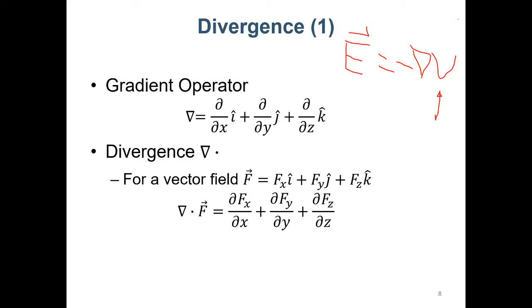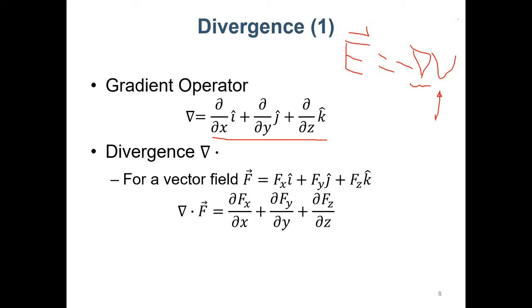And gradient is something like an operator. We can write the gradient like this in Cartesian coordinates. If it is in other coordinates, it will look more complicated.